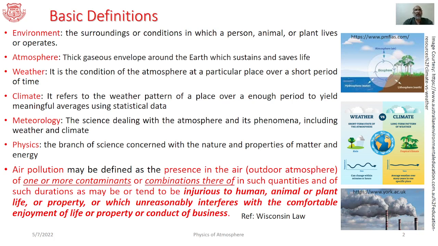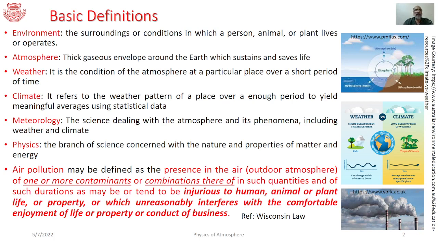These definitions already we have discussed about. So as far as this environment is concerned, it comprises everything that is surrounding us. We discussed it in terms of biotic as well as abiotic components, with the mention of the various spheres as atmosphere, biosphere, lithosphere, hydrosphere.